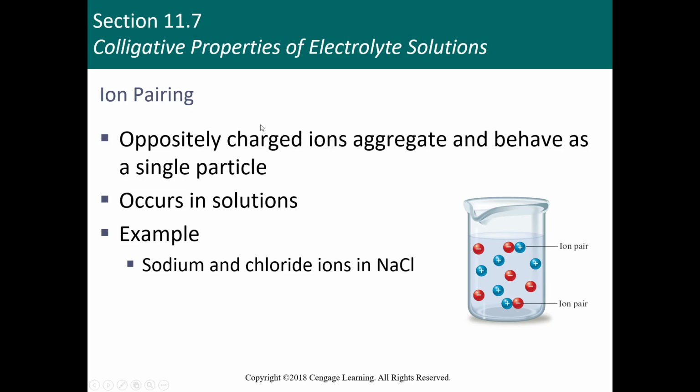All right, now, ion pairing. Oppositely charged ions can aggregate and behave as a single particle. So, in a solution, a positively charged and negatively charged ion can come together and they can still stay dissolved in the solution.